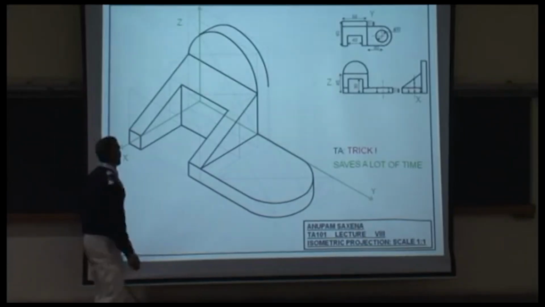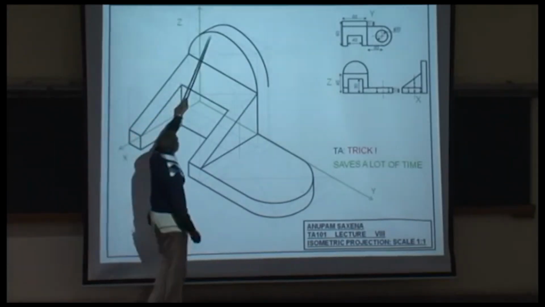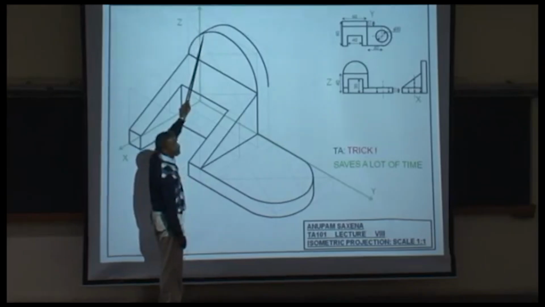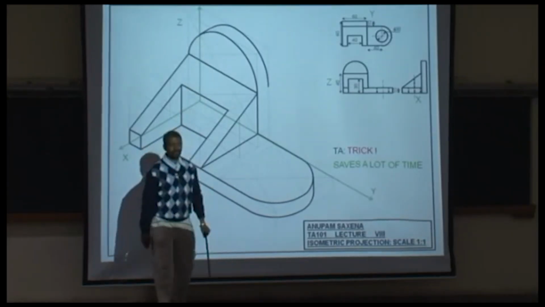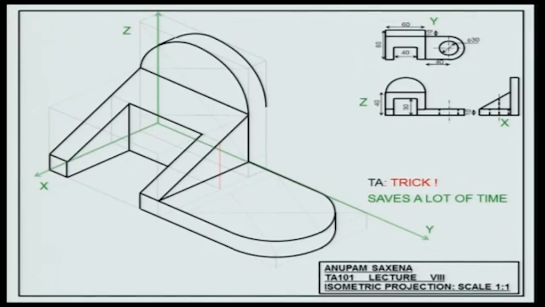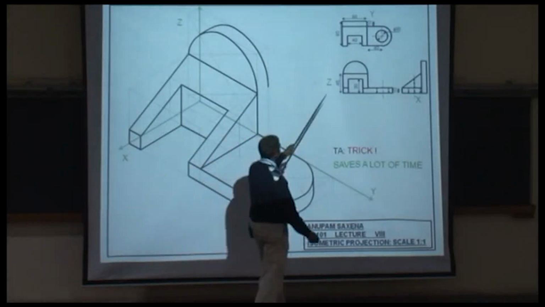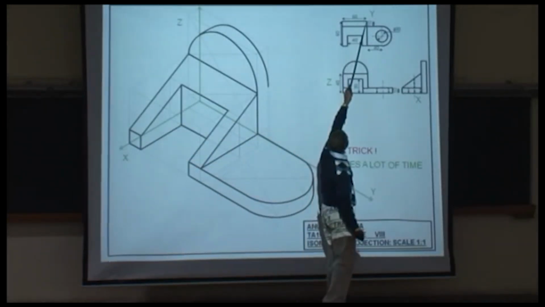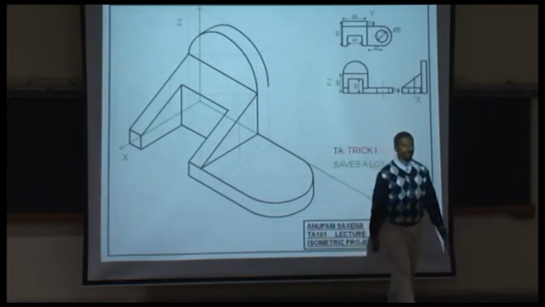Here, I'll draw an incomplete arc and then try to figure out a line which is tangent to both the arcs. And then this vertical line is going all the way down. See this feature here.